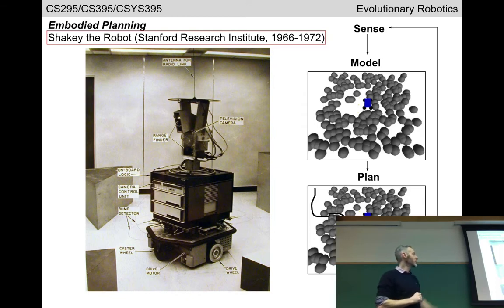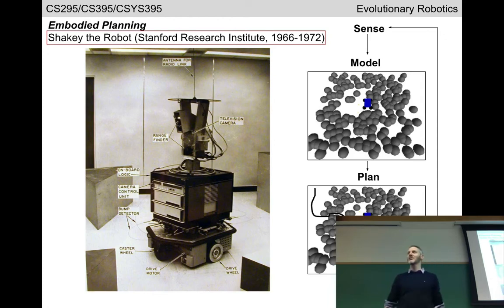So sitting at its current location, first of all, in the top right there, Shakey would use its camera and laser rangefinder to scan the room or sense the room. Shakey would then build a model of its environment. That's a screenshot from PyroSim, so that didn't exist back in the 60s.